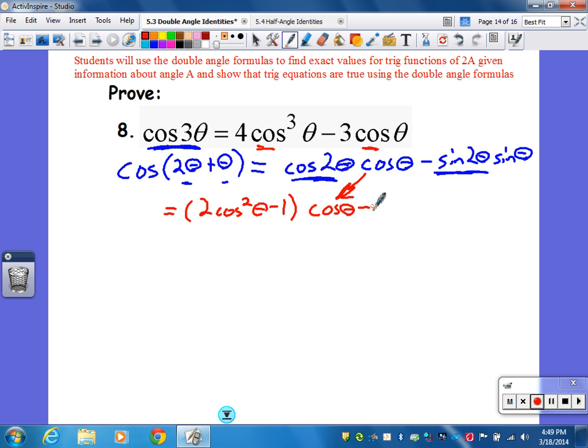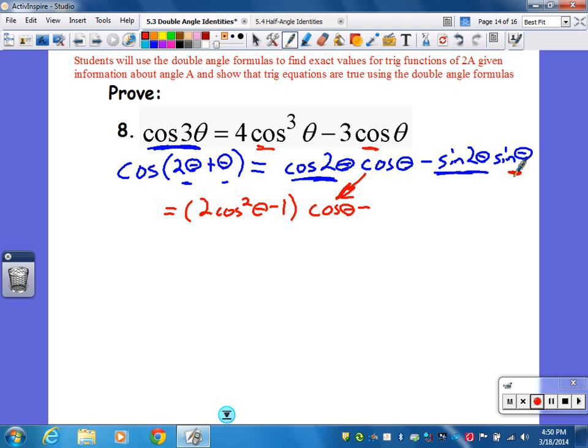minus, well, looking at sine of 2 theta, not squared. I'll show you it on the board.